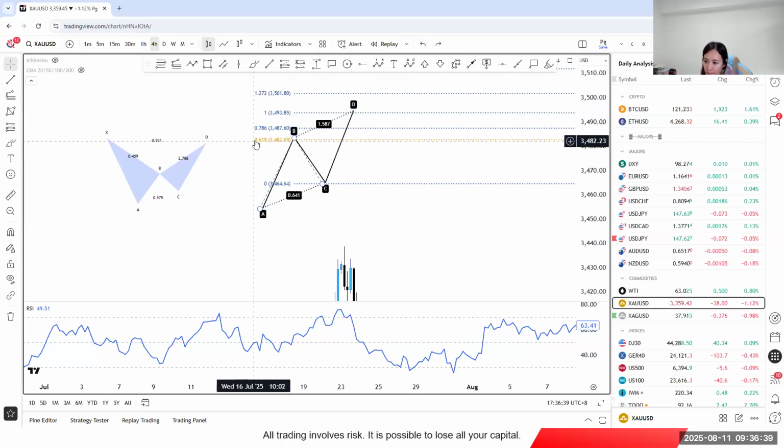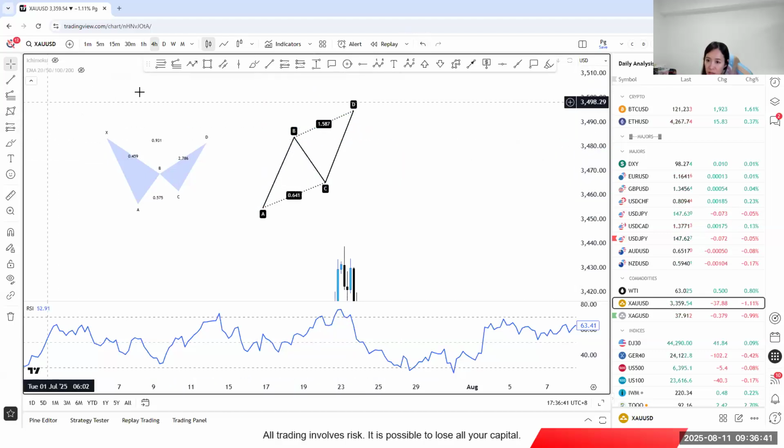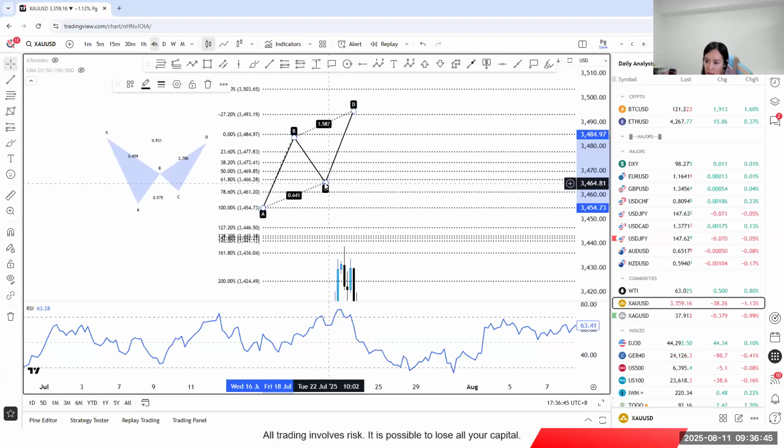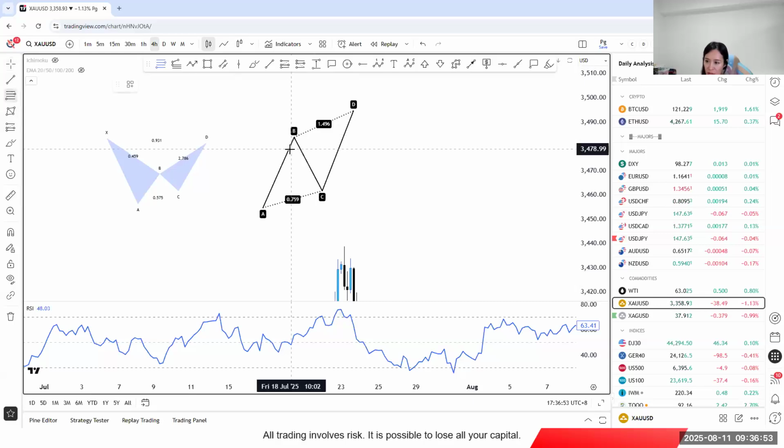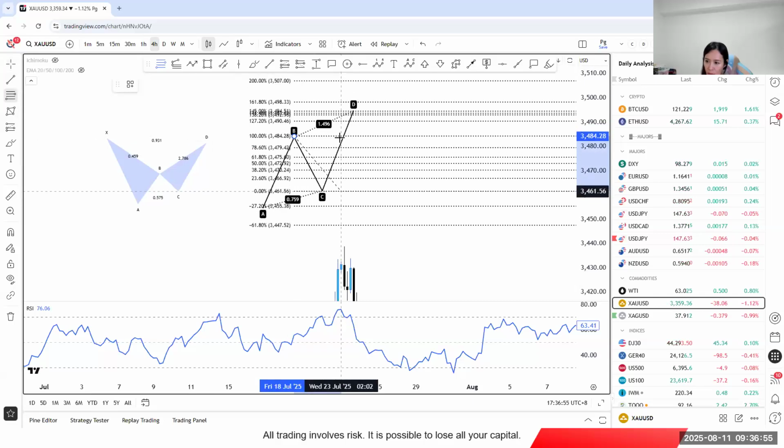Or if C retraces from A to B at 78.6%, which is right here, the BC extension will be 127.2.